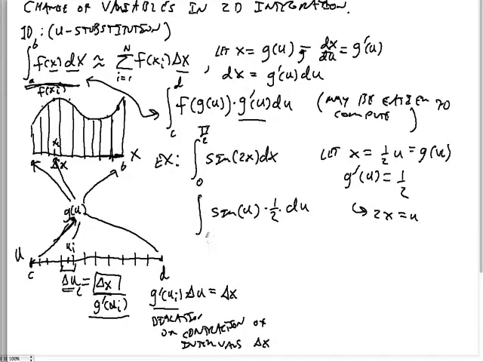We've got to find our limits of integration. So if I put a 0 in here, I get a 0 out, so that limit doesn't change. But if I put pi over 2 in, of course that becomes pi. And then this integral becomes much simpler to do, or a little bit simpler at least. I mean, this is a pretty simple example to begin with. So those are equal.